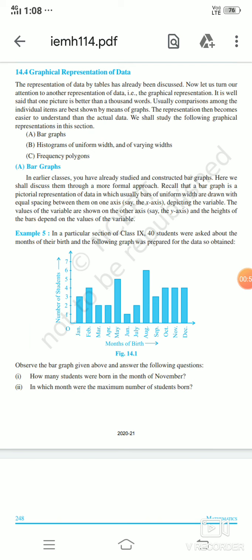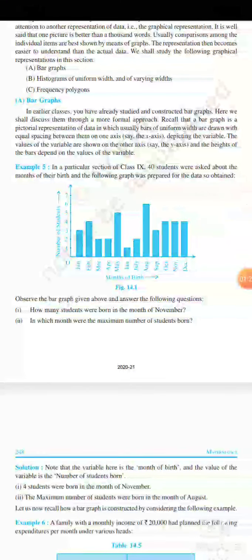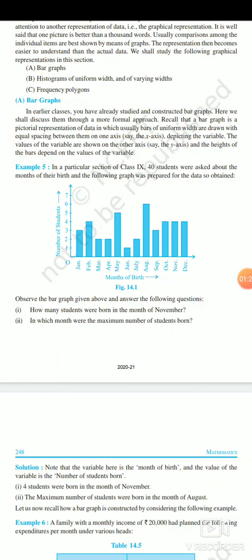Here a table is given. A graph is also given. In the x-axis is month of birth, in the y-axis is number of students. So write January how many students, February how many students, using the given graph. Observe the bar graph and answer the following.